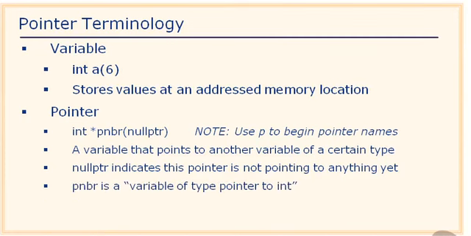Now, when I create a pointer like I did here with pNumber, you will notice right down here that pNumber is now said to be a variable of type pointer to integer. So this is a variable and it is a pointer to integers.